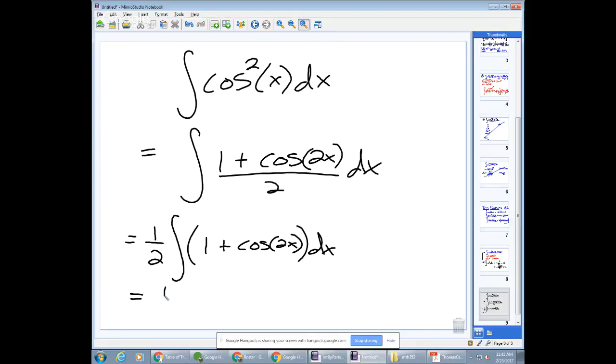Not too bad. I'm going to have a 1/2, and then the integral of 1, well, that's just x. An antiderivative for cosine is the sine, but the 2x is that pesky chain rule. We don't have a 2 times the cosine here, so we have to compensate down here with a 1/2 to satisfy the chain rule in reverse.